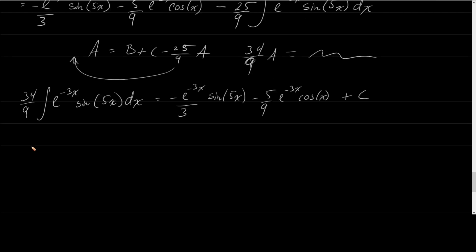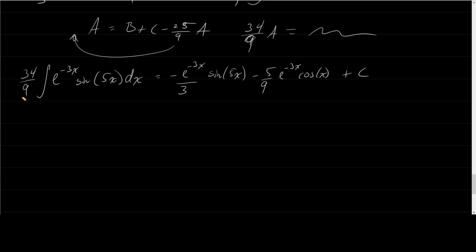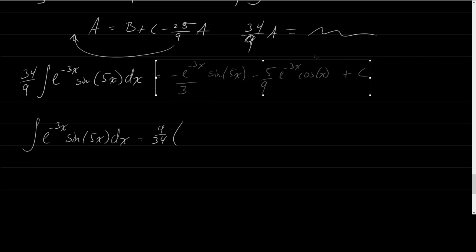So for our final answer, I need to multiply both sides by 9/34 because I need just the integral by itself. So the integral of e to the negative 3x times sine of 5x dx is going to be this entire expression multiplied by 9/34. So 9/34 times, I'm just going to copy and paste this.